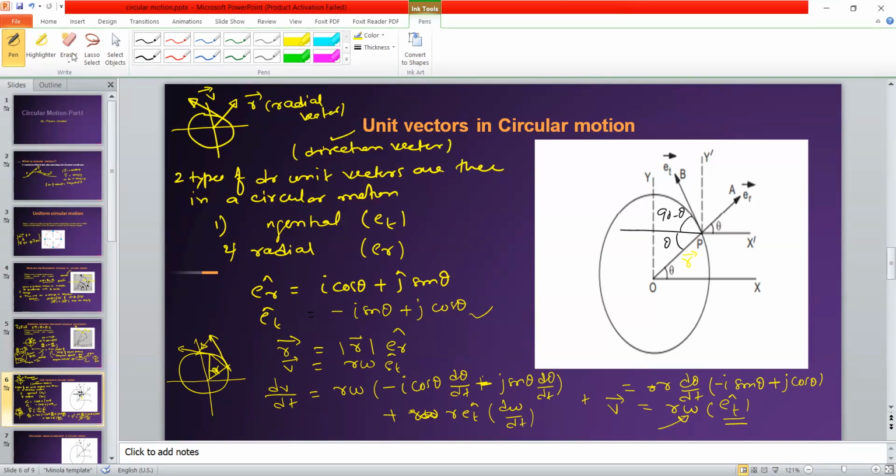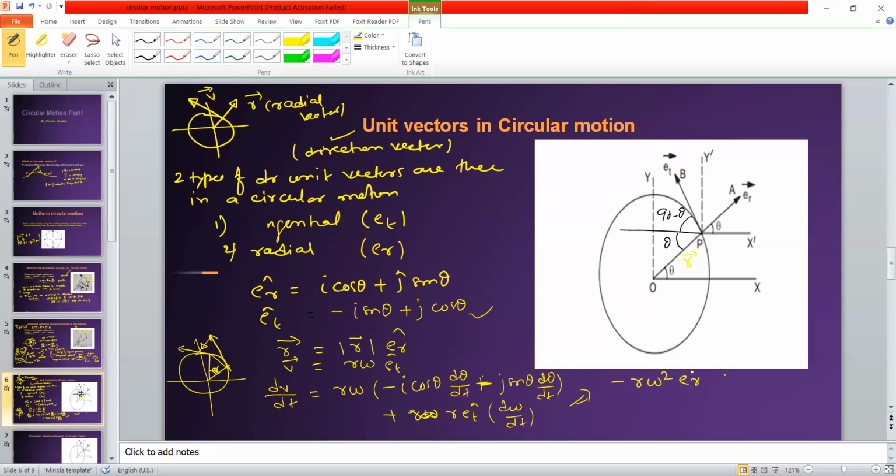Now let's remove this, and this we may write as minus r omega square times I cos theta plus j sin theta, which is er.